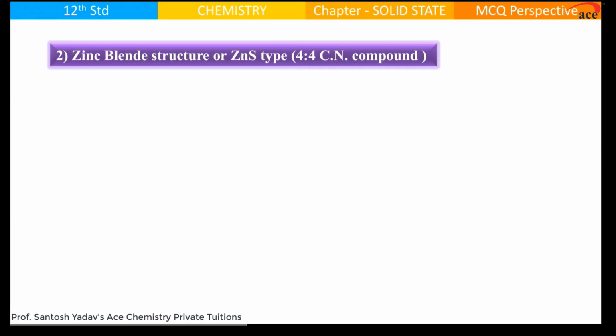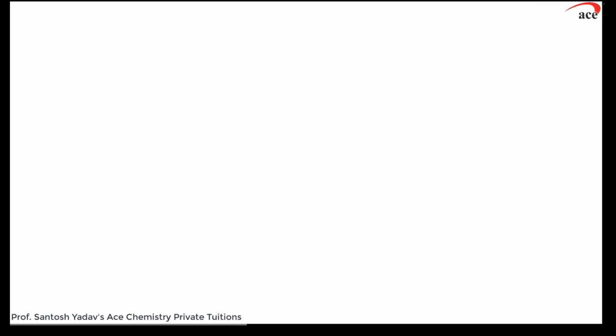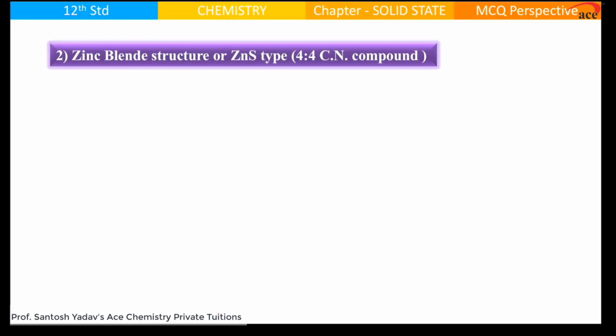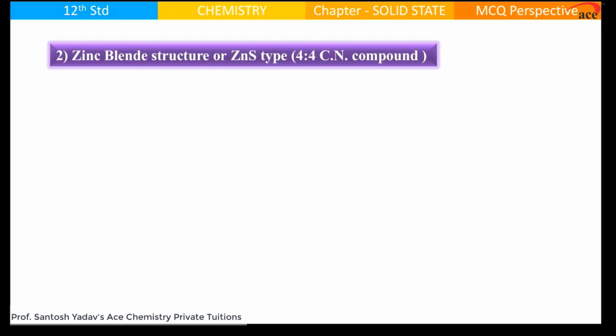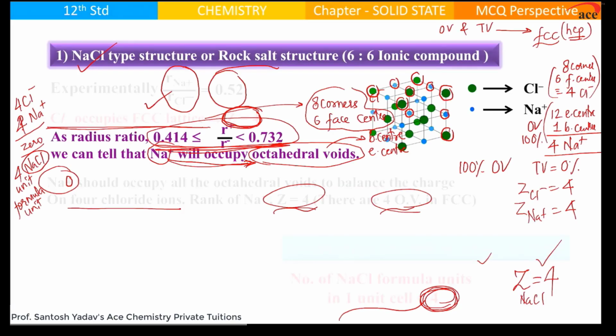There is one more thing that we would like to understand in NaCl structure. If you take this corner, it is occupied by Cl minus, this corner is also occupied by Cl minus, and the edge center, that's octahedral void, is occupied by Na plus.